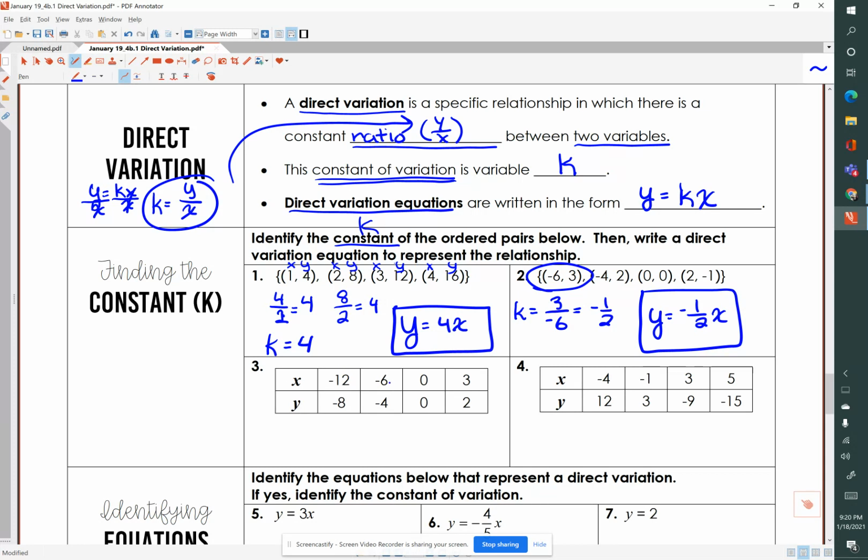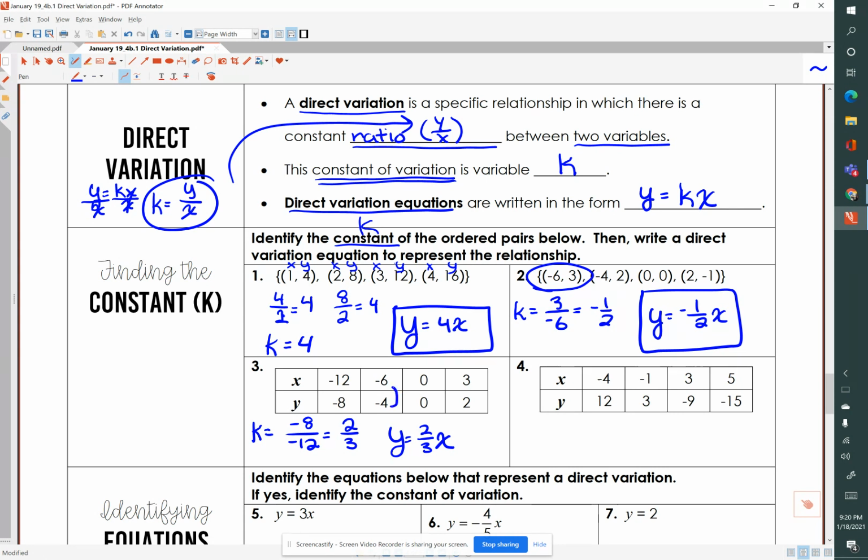We're given ordered pairs in the form of a table. So k equals y over x, which is negative 8 over negative 12, which reduces to 2/3. So our direct variation equation will be y equals 2/3 x.